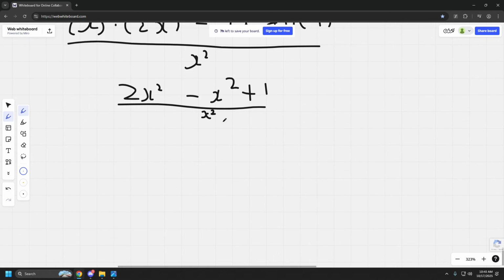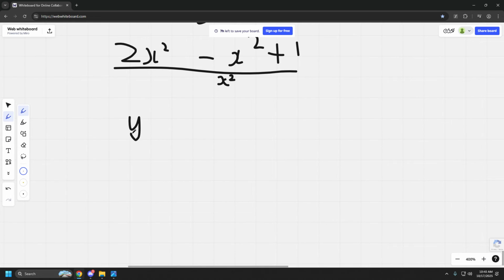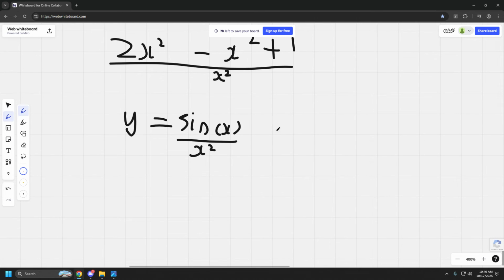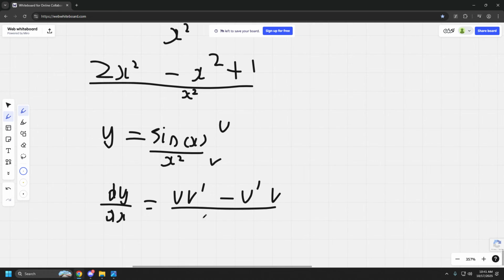Alright, let's do one more example of the quotient rule. This time it'll be a trigonometric function. y equals sine x divided by x squared. Now let's say u equals sine x and then v equals x squared. So as we know, the quotient rule would be (v u prime minus u v prime) divided by v squared.